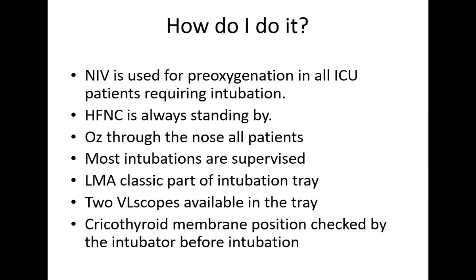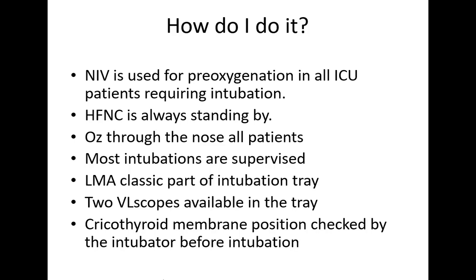So what do we do in my unit? We use NIV for all patients before we give the drugs, unless there is a problem with the mask fit or the patient is not cooperative at all. The high flow nasal cannula machines, we are lucky we have about 10 or 12 of them for a 30 bed ICU. So that's always available, and it's not very costly.